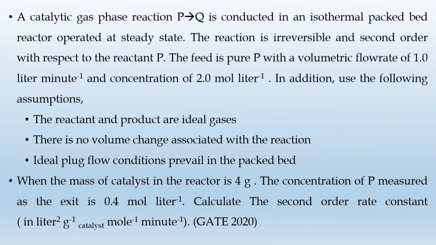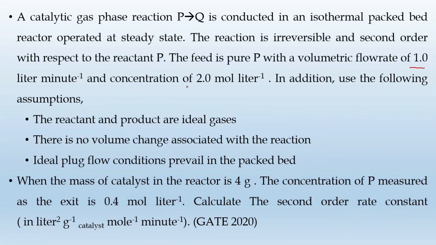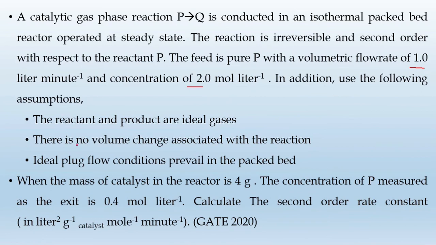The problem: volumetric flow rate is given as 1 liter per minute, V naught is 1 liter per minute, then C naught is given as 2 moles per liter. It is an ideal gas, there is no change in volume. According to stoichiometry, P gives Q, there is no change in the volume.